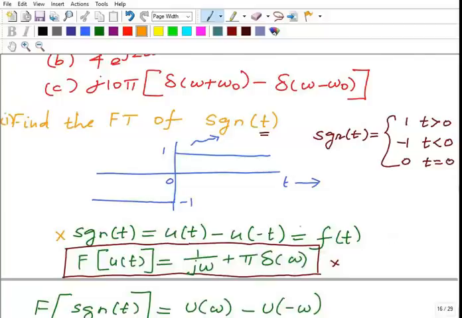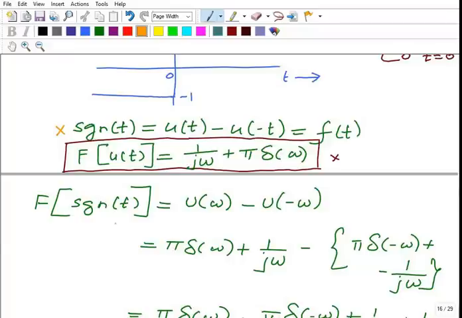Then we know the Fourier transform of u of t is 1 over j omega plus pi into delta omega. I am just applying the Fourier transform to this entire equation. We know that the Fourier transform is linear. So on the right hand side, Fourier transform of u of t minus Fourier transform of u of minus t. Okay. Fourier transform of u of t is capital U of omega, minus Fourier transform of u of minus t, by the time reversal property.